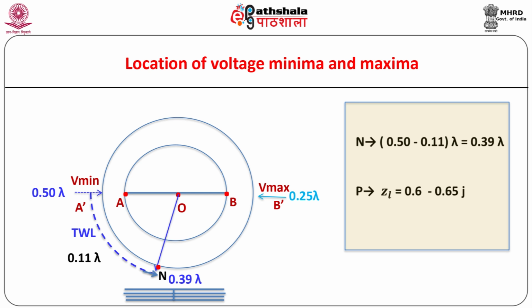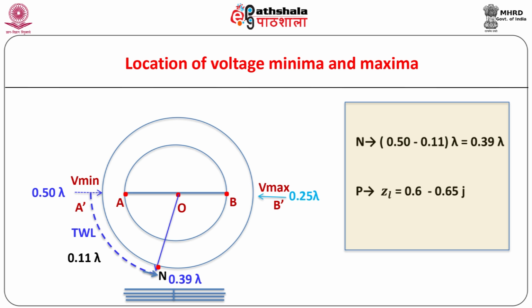For solving the problem, we should note that the point A on the horizontal radius OA of the Smith chart corresponds to the short circuited normalized load impedance of the transmission line. Hence, in this problem, the first Vmin under short circuit condition is located at A. When the line is loaded, the location of this Vmin shifts through a distance of 0.11 lambda towards the load.